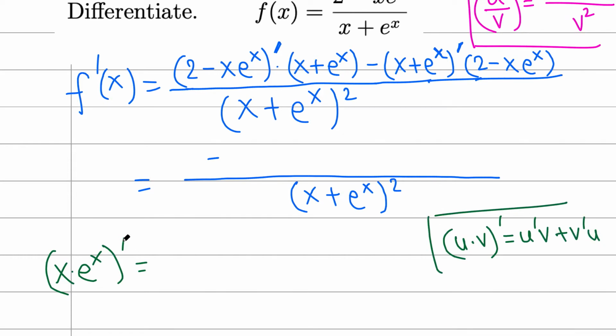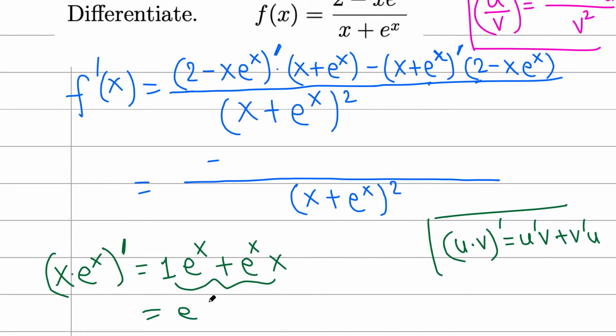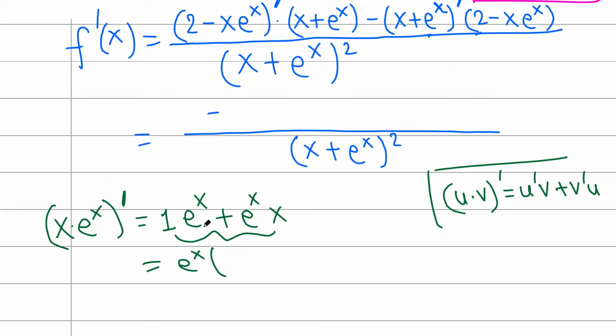So derivative of first factor times second plus derivative of second factor, derivative of e to the x is itself, times first. So that's it, 1 times e to the x plus e to the x times x. In fact, from these two we can factor e to the x out, that leaves 1 plus x.